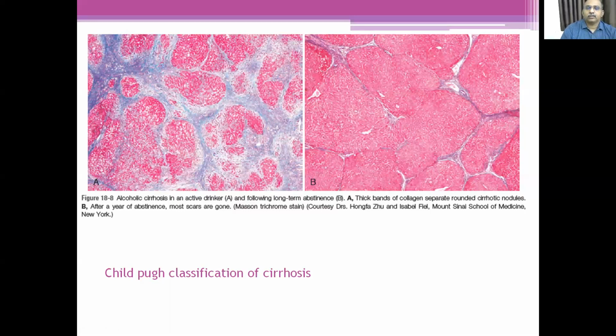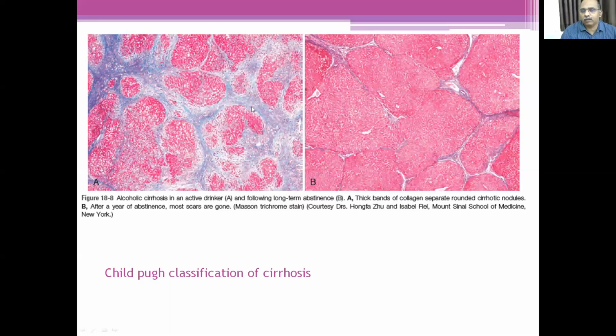So while reporting these cases, what classification do we use? The Child-Pugh classification of cirrhosis. So we grade this fibrosis and the regenerating hepatocytes, so that if we take a biopsy now and see a picture like this after treating infection with antiviral drugs, that means the liver is regenerating.